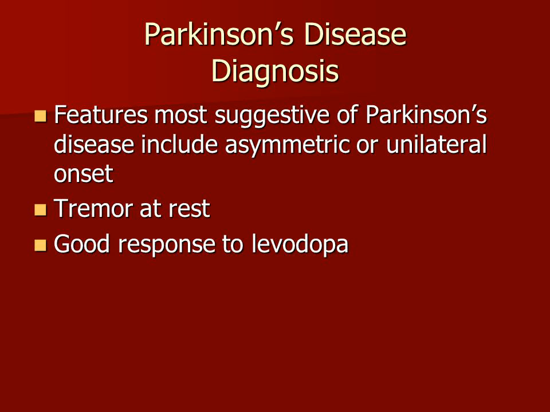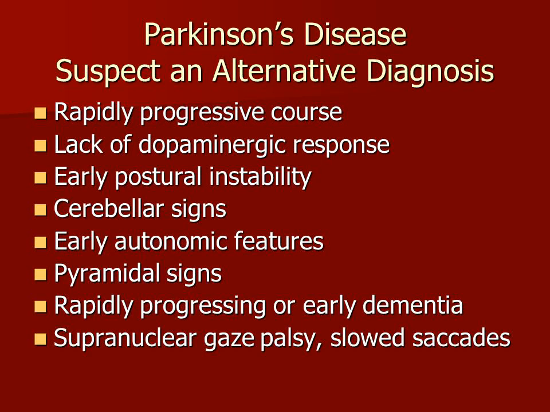Parkinson's disease diagnosis. Features most suggestive of Parkinson's disease include asymmetric or unilateral onset, tremor at rest, good response to levodopa. Parkinson's disease suspect and alternative diagnosis: rapidly progressive course, lack of dopaminergic response, early postural instability, cerebellar signs, early autonomic features, pyramidal signs, rapidly progressing or early dementia, supranuclear gaze palsy, slowed saccades.